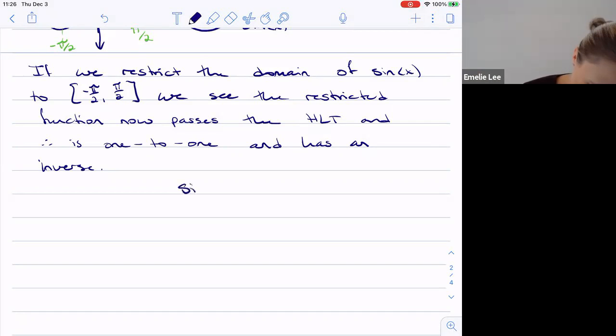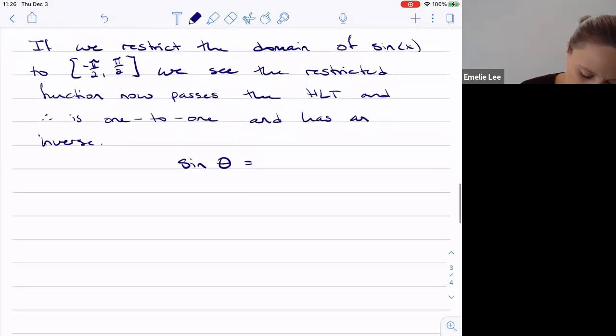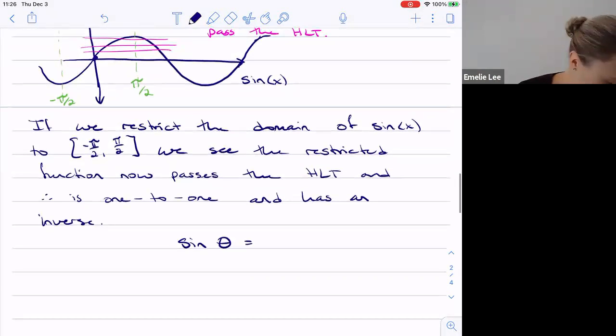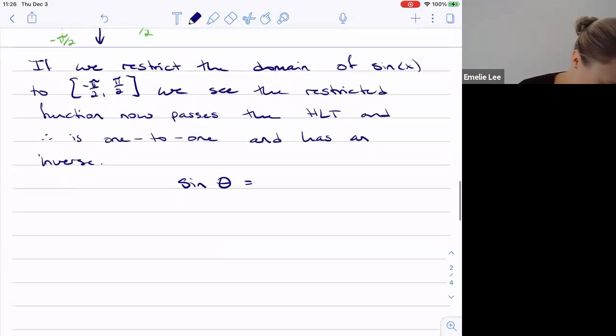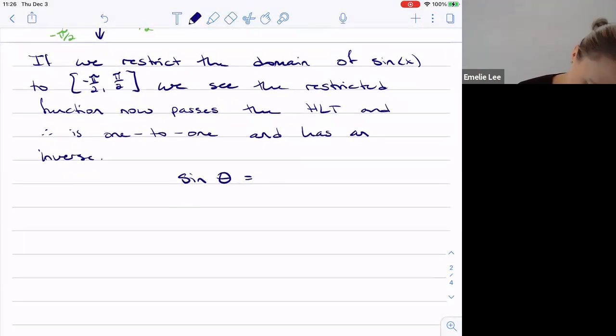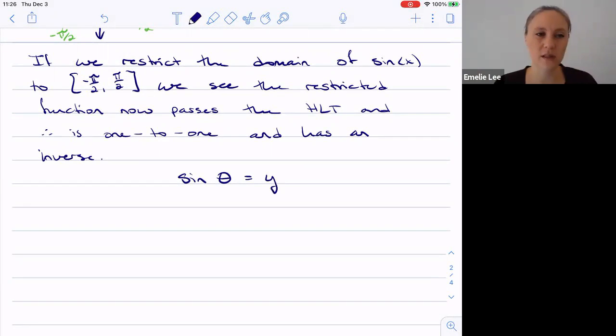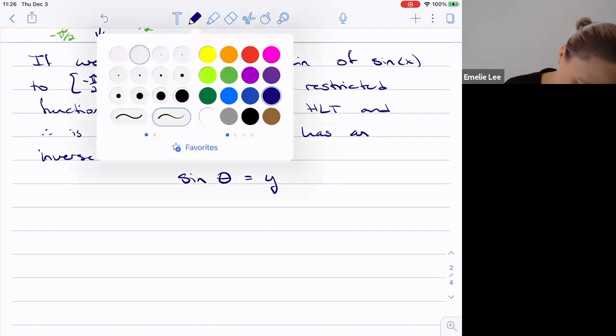So if we have sine of theta equal to some value, let's say y from our terminal point. Remember, the sine of the angle is the y value in the terminal point.